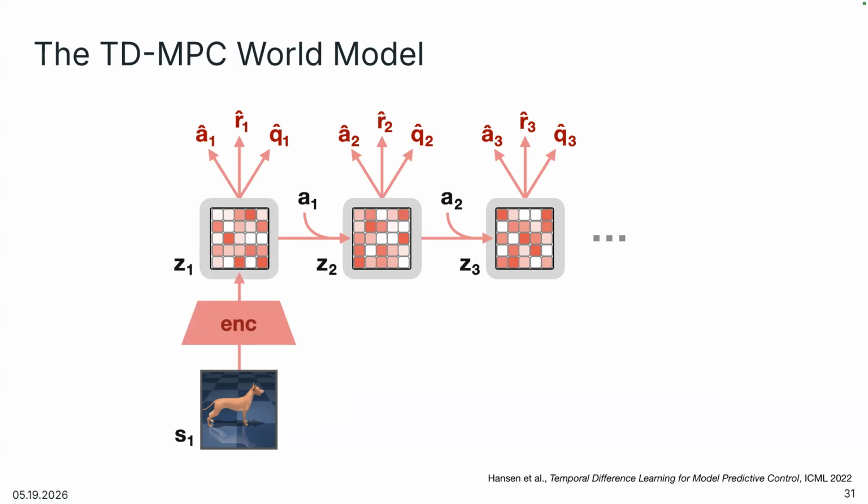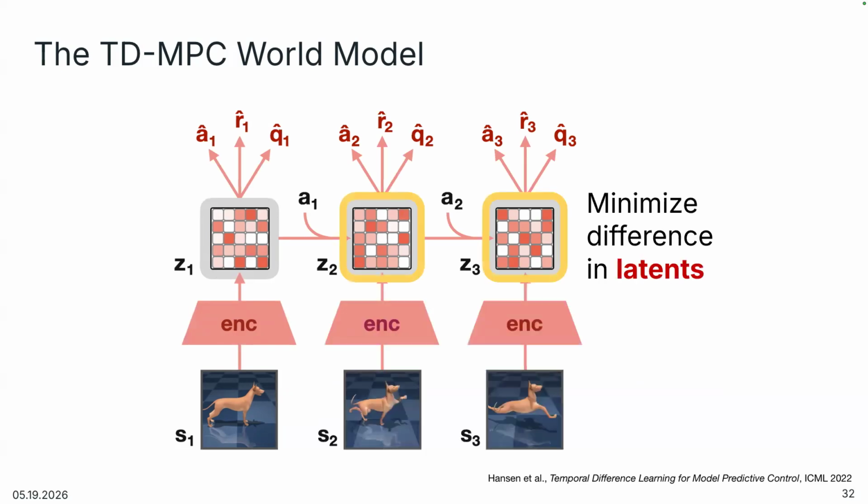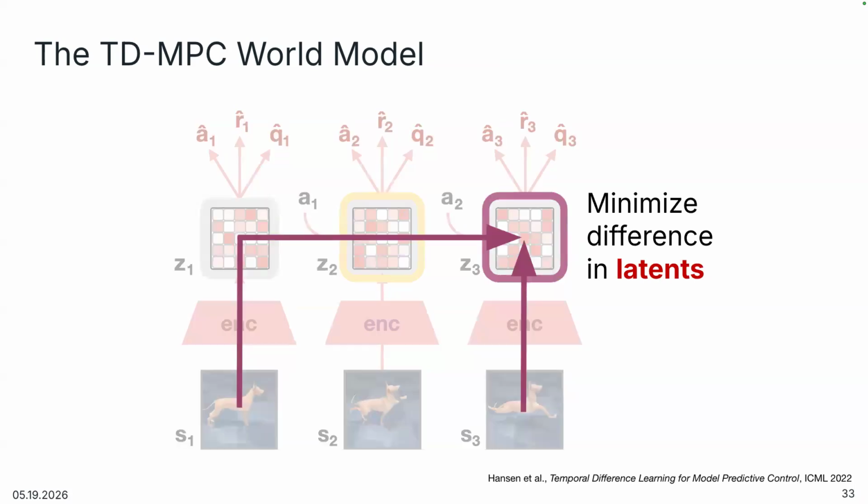The way that we enforce the dynamics here is that we minimize this difference in latents. So we apply the same encoder here at every single time step. And then for, say, the last step in the sequence, we're minimizing the difference between the ground truth observation at that time step, if you encode that into a latent space, versus if you took the first one in the sequence and then roll that through the model, you get a different latent, and you want these latents to be similar.